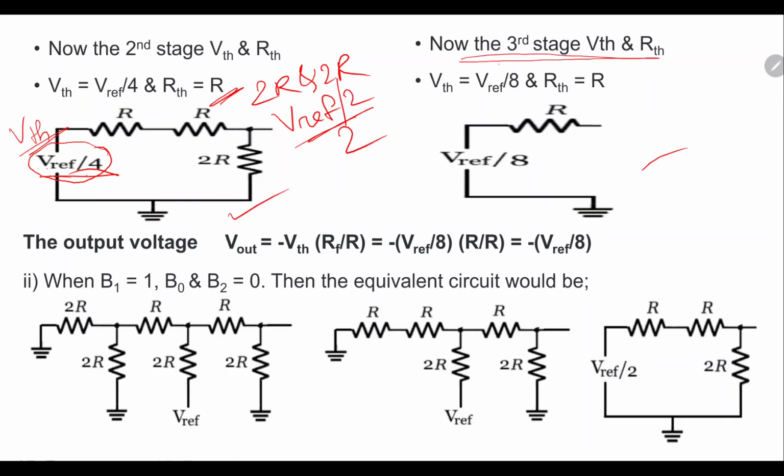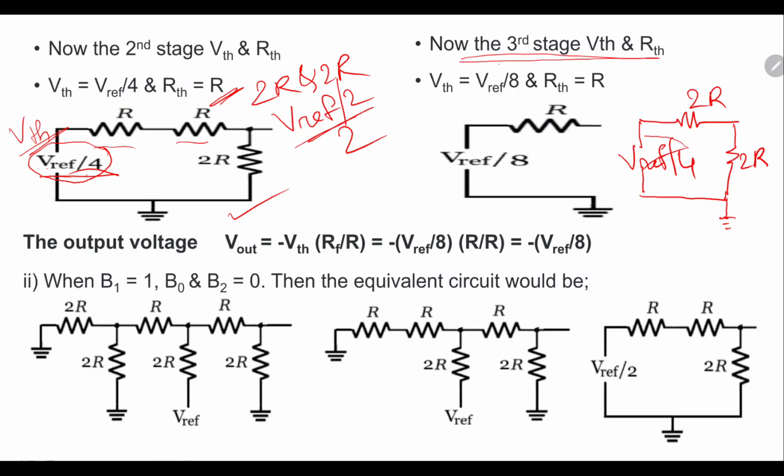In the third stage, what we can see is that, for VTH, again these resistances are in series. So combining these two resistors, again we will be getting 2R here, and this 2R is also present. The applied voltage, this point being grounded, is V reference by 4.